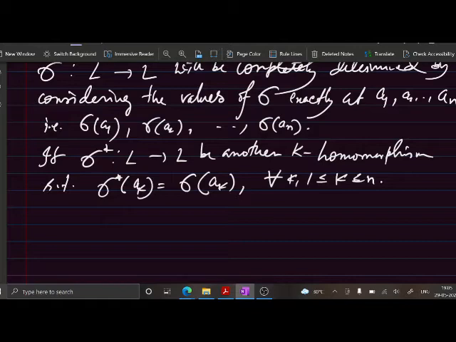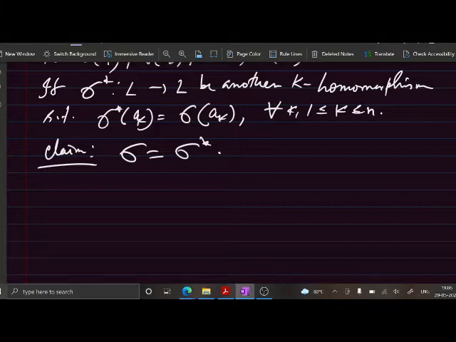So our claim is that this sigma will coincide with this sigma star. Then you can say that this sigma can be determined completely in a unique way by considering the values of sigma at exactly A1 to An.